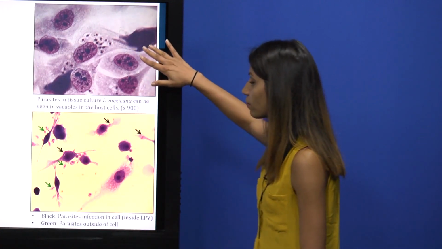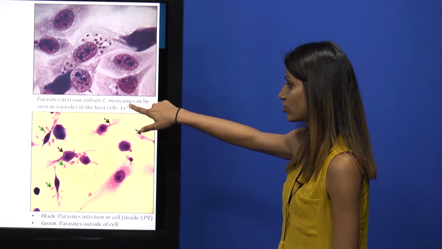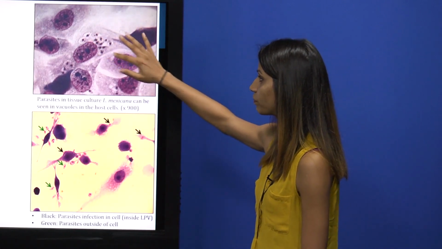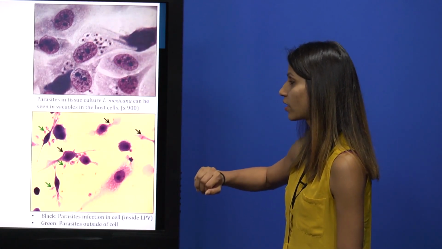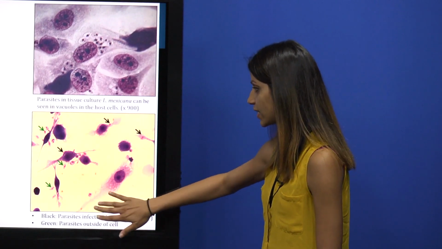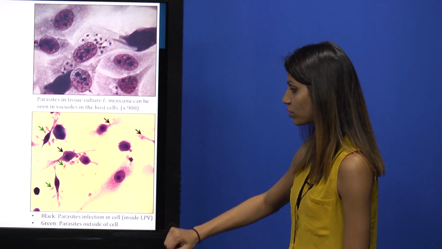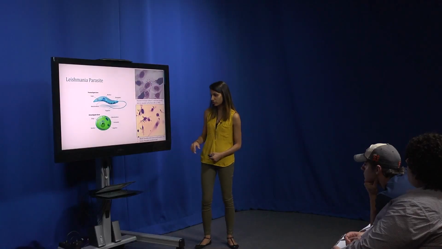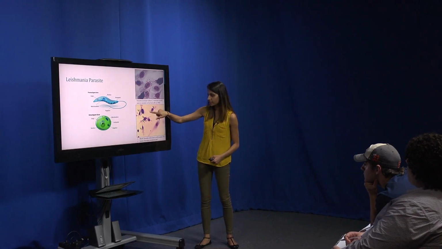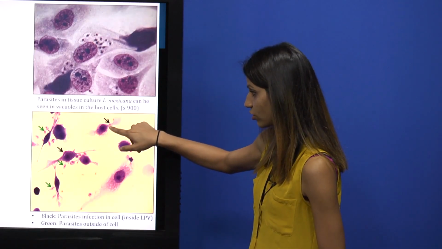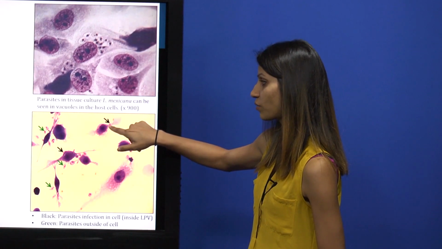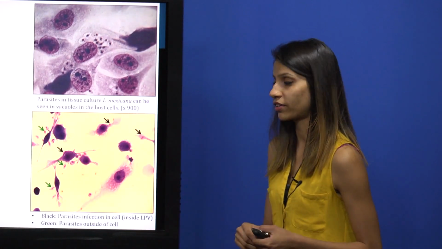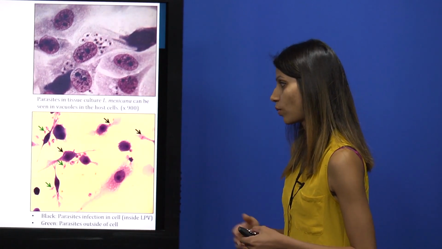So this is from the Leishmania mexicana species. They have this kind of vacuoles which form. This picture represents the Leishmania donovani species, and this is a macrophage cell. You can see that this cell has been affected by one Leishmania donovani parasite.